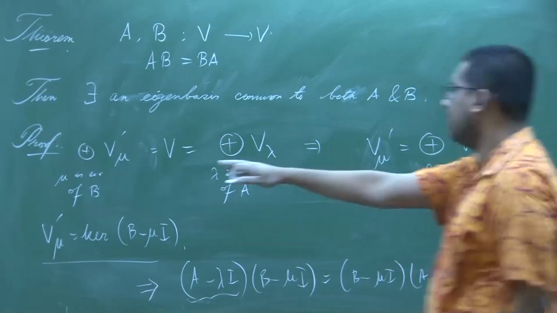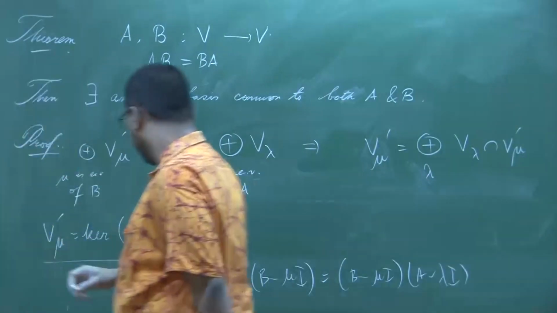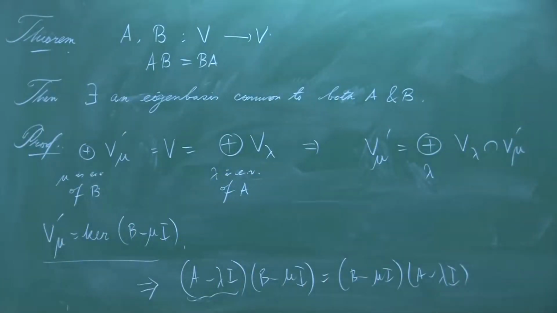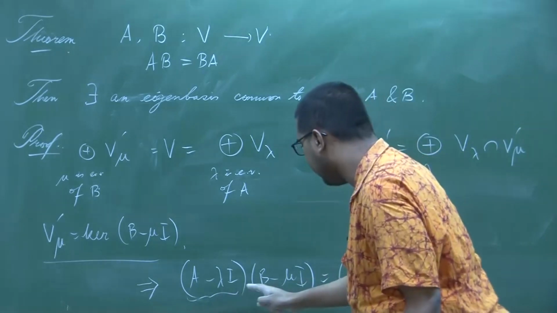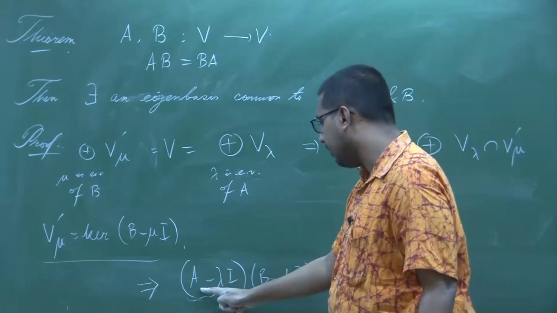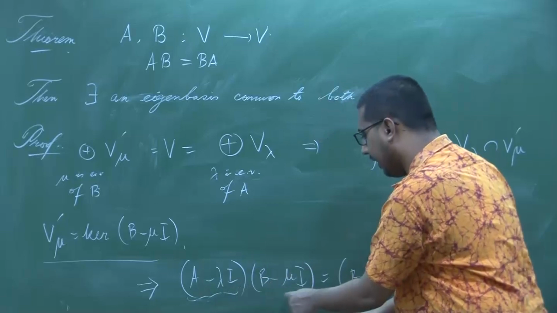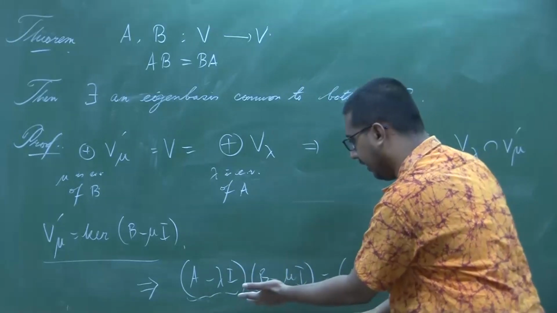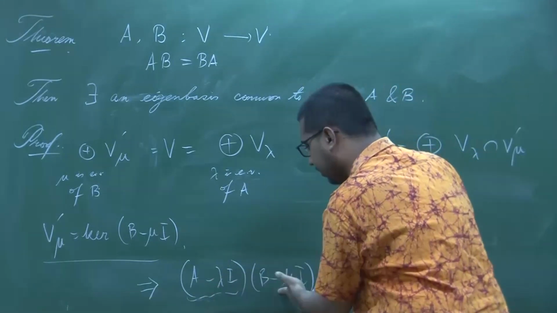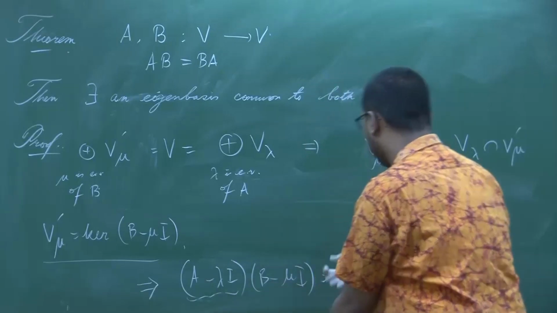Because of this, all right. So, what I am saying is that for any scalars lambda and mu, not necessarily even eigenvalues, these two operators commute, okay.